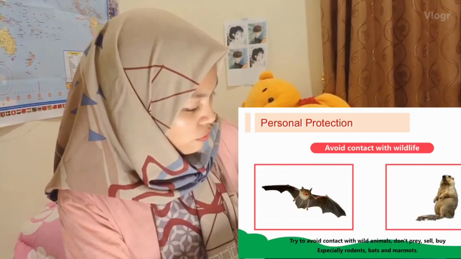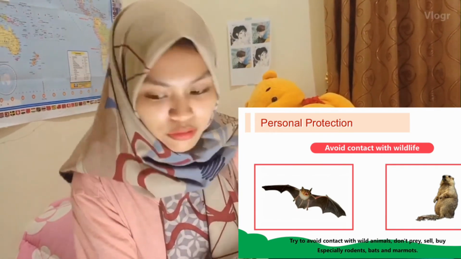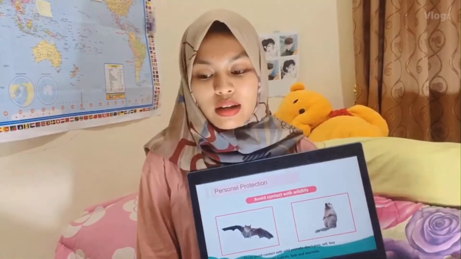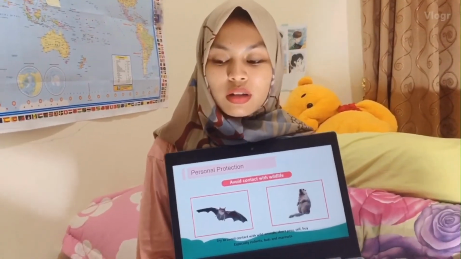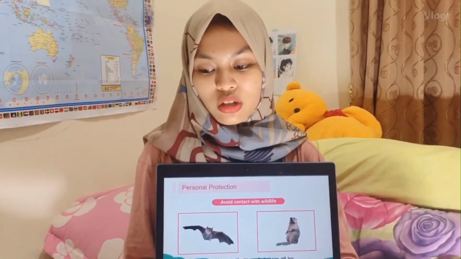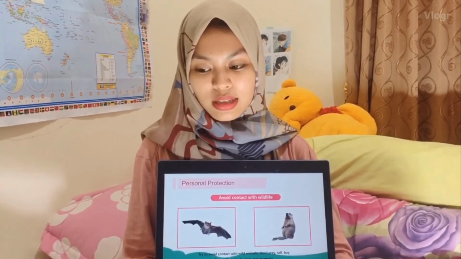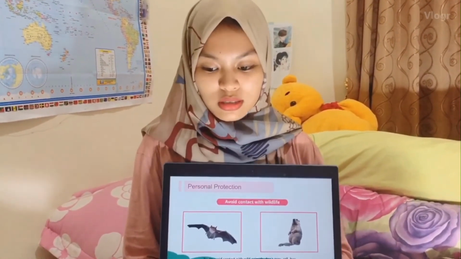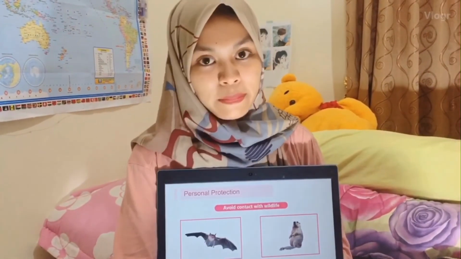Next, avoid contact with wildlife. Some research results reveal COVID-19 surged from several animals including bats, snakes, and other mammals. The animals are generally bought and sold on the market and consumed by the city community where the virus was first suspected to appear.